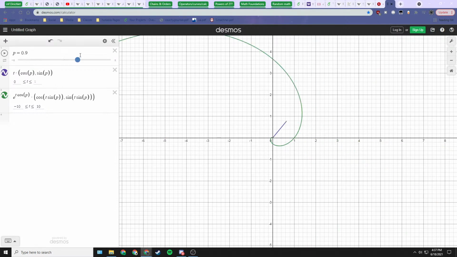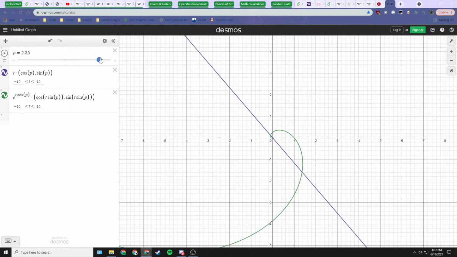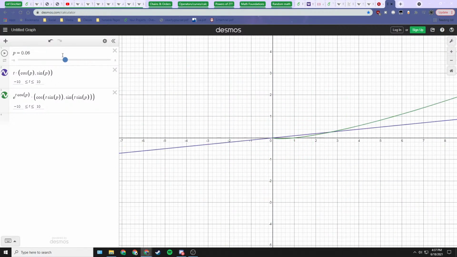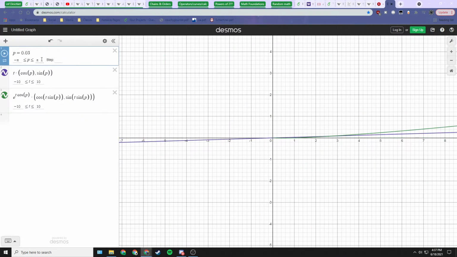As I change p, we just change the angle of this purple line, and this indicates the linear subspace. The purple line is our linear subspace. So we just run through all the linear subspaces. And actually, we can probably limit this even further to just 0 to pi.